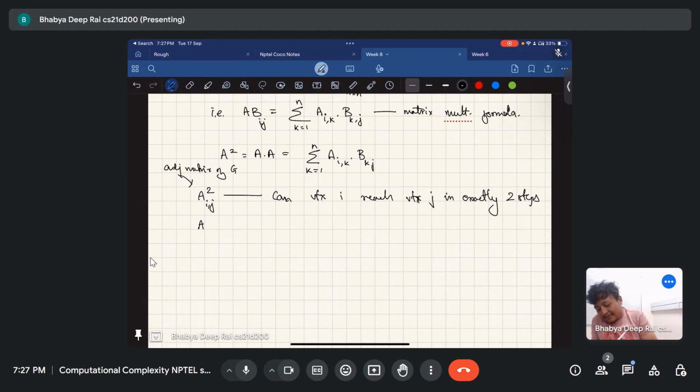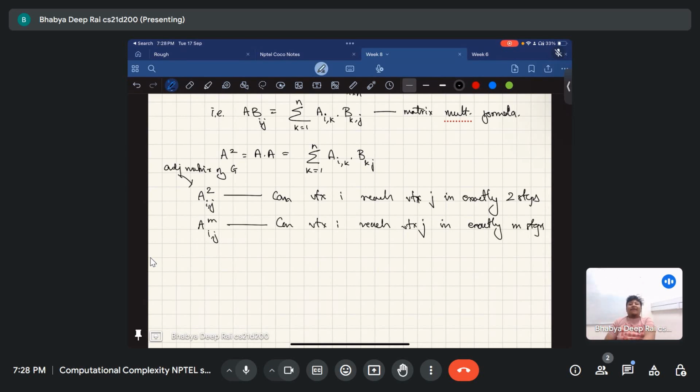Now similarly A to the k, let's say, asks whether vertex i can reach, for any cell ij, vertex j in exactly k steps.